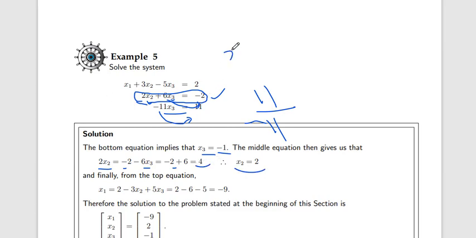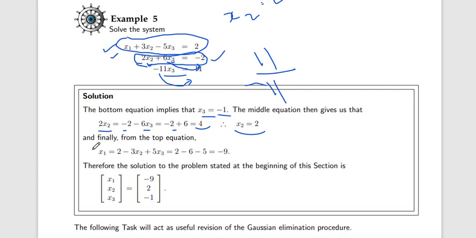So now we know the values of x2 and x3, 2 and minus 1. We will put these values in equation 1. So in equation 1 there will be only one unknown, x1. So we will get the value of x1. Putting in the values, x1 is equal to minus 9. So the solution is minus 9, 2 and minus 1.